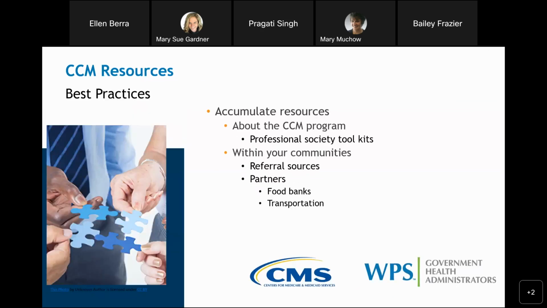You want to accumulate the resources. This could be professional society toolkits. There are multiple toolkits for chronic care management out there. CMS does not endorse any particular one, nor does WPS, but you can use those toolkits to help you get over that initial hump.